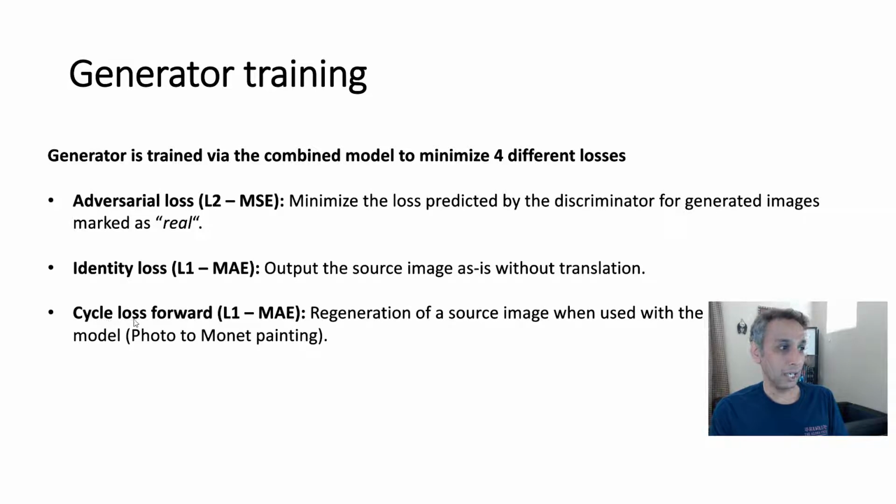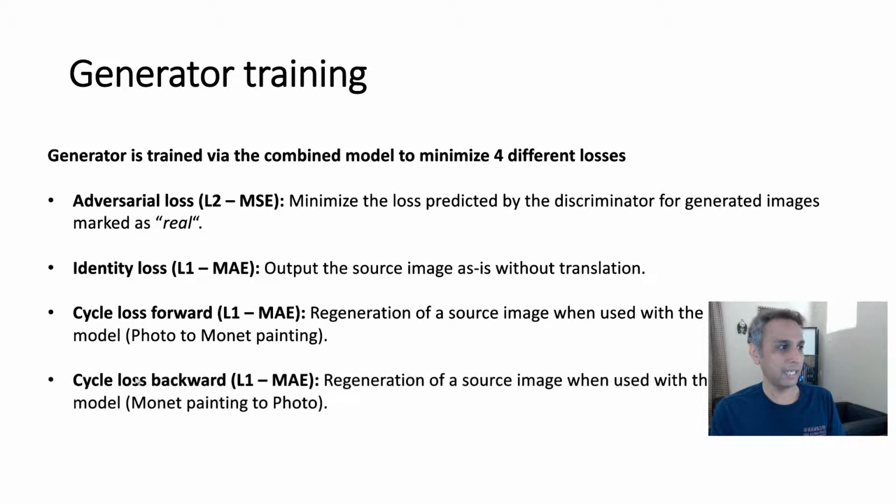And cycle loss forward, remember, Monet to Monet, sorry, photo to Monet, and then backward is Monet to photo, in the example we saw. This is also a mean absolute error, and backward is also a mean absolute error. So in our loss, we have 1 adversarial loss and 3 of these losses that are all L1s.